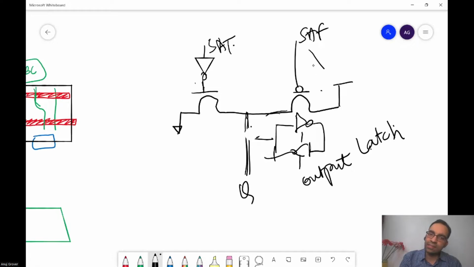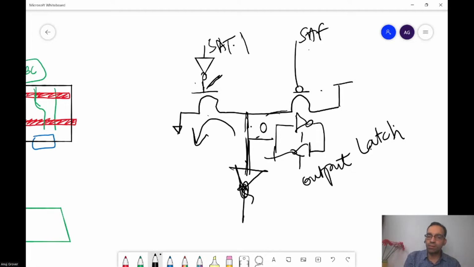Let us say SAT went to 0, it means this would go to 1, so this NMOS will turn on and it will discharge this node to 0. That is how the sense amplifier output is latched onto the output latch. It is then buffered on Q pin.